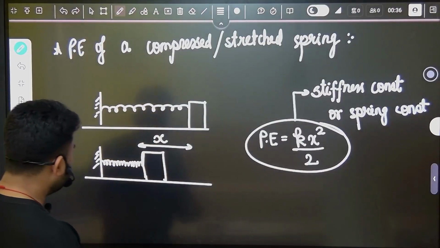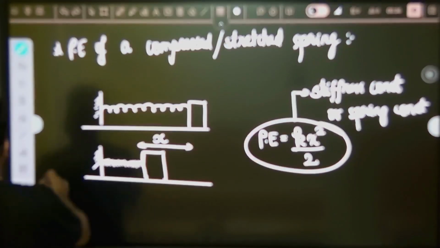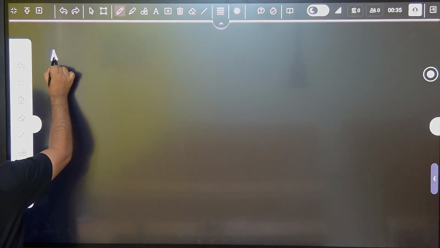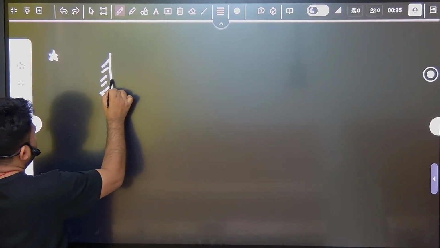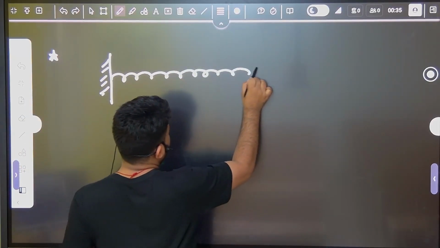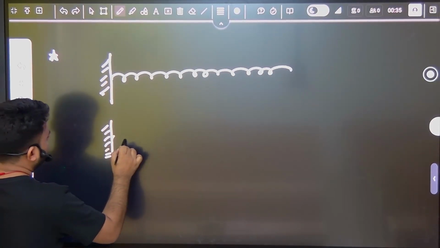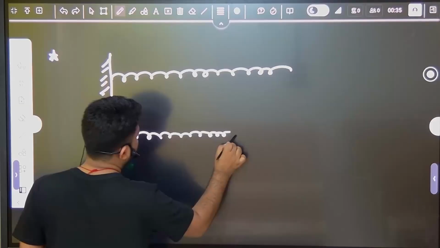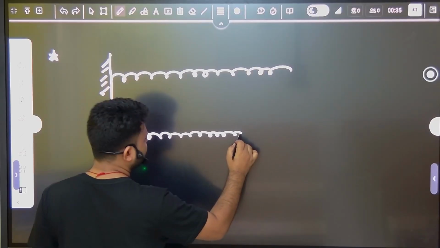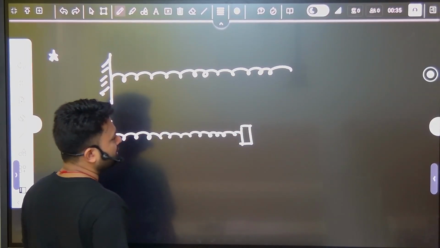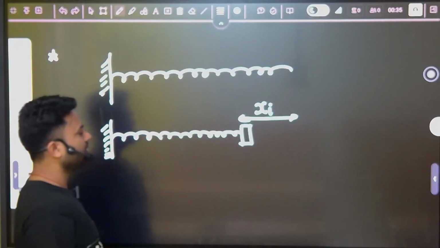Correct. Also, sometimes they twist the question a little bit. What they give now is that initially, suppose this was the normal length of the spring, the spring is compressed. We have compressed the spring by how much distance? By xi. Correct.